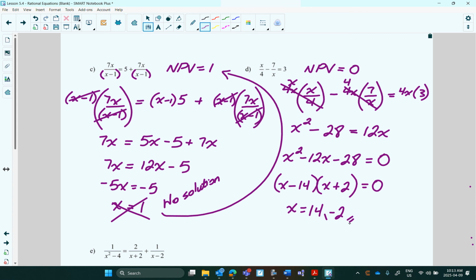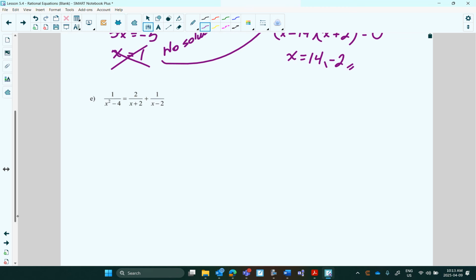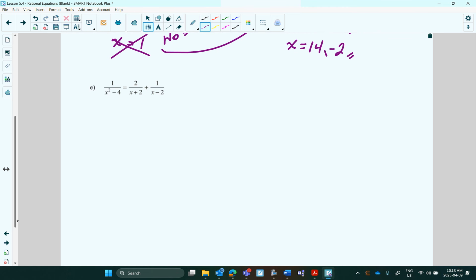Okay, this one here. It's a pretty big one. What do you want to do first? Yeah, we got to factor that first. Denominator. The other ones are okay.